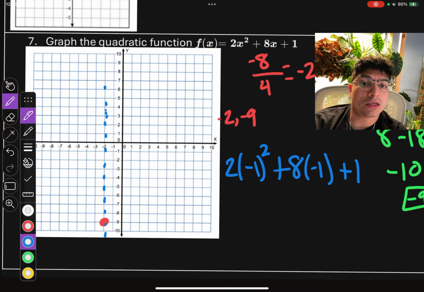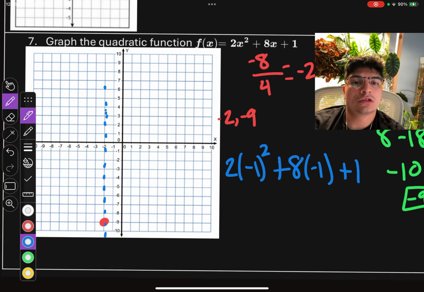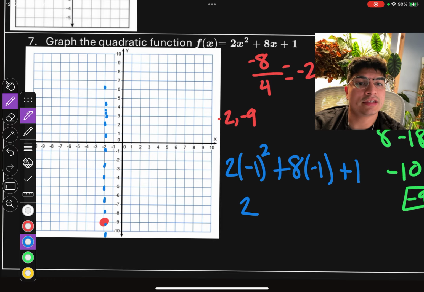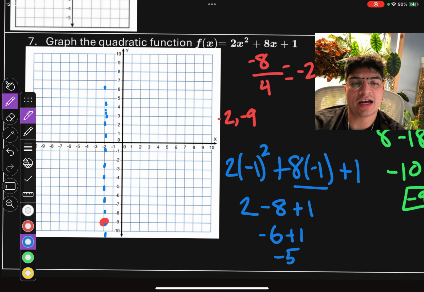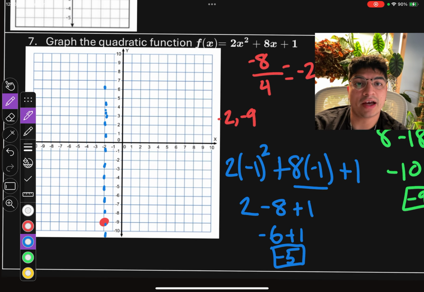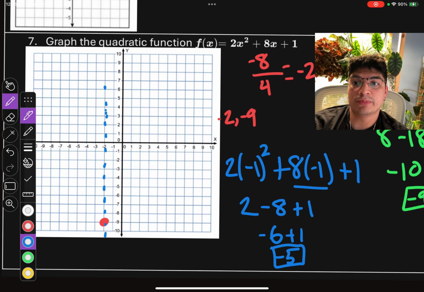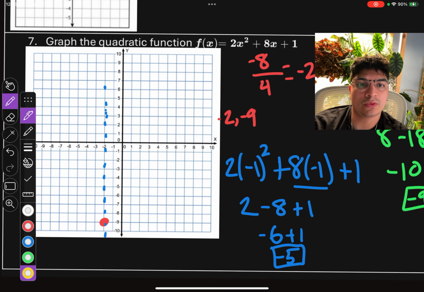So negative 1 times negative 1 would give me positive 1, which would give me 2. 8 times negative 1 would give me negative 8, plus 2 is negative 6, plus 1, and then finally negative 5 as my y value for this point that I'm creating, which in this case was (-1, -5).